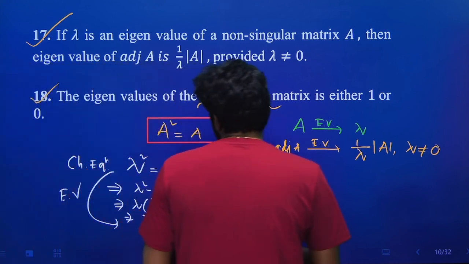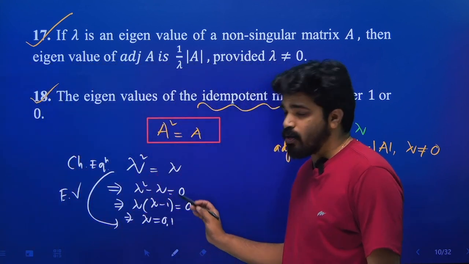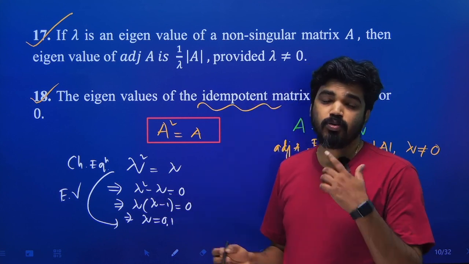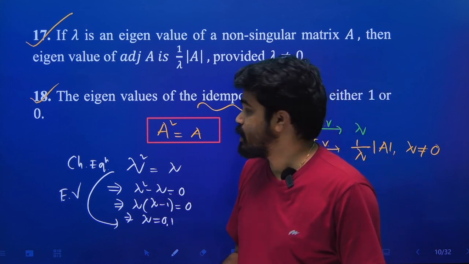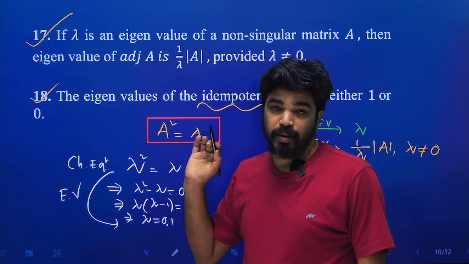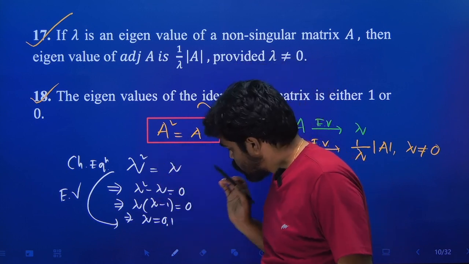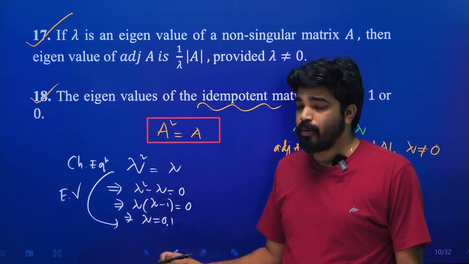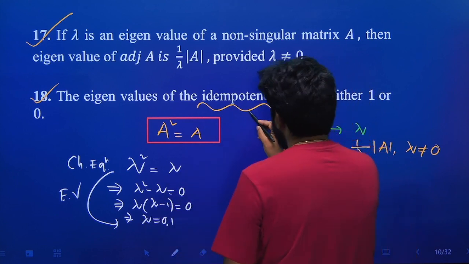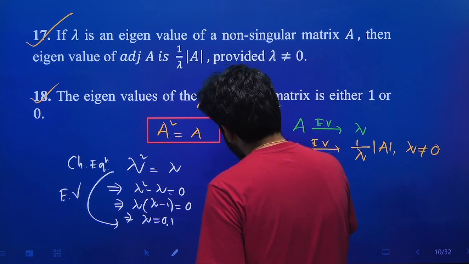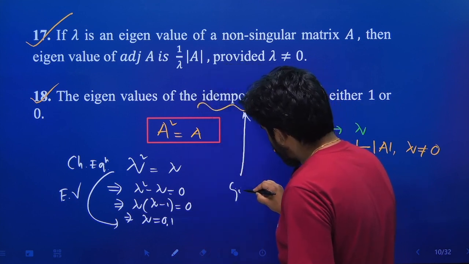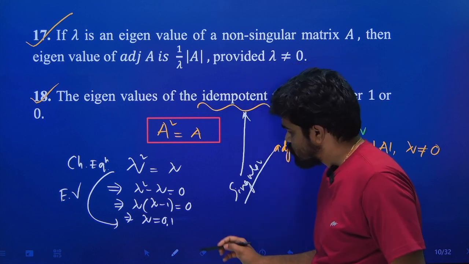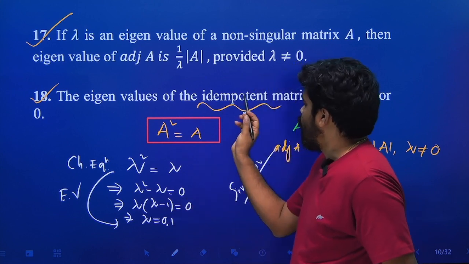Look, obviously if the eigenvalues are 0 and 1, then will this matrix be singular or non-singular? Obviously a singular matrix. Why? We know that 0 is an eigenvalue of a singular matrix. That means this matrix should be singular, because 0 is an eigenvalue of this matrix.